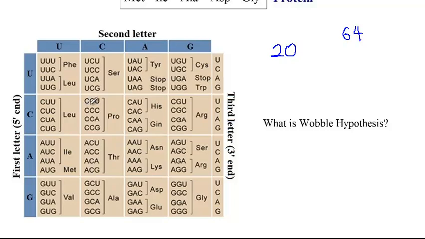Proline is being coded by CCU, CCC, CCA, and CCG. Of course, there are examples where fewer codes are used, like for instance UAU or UAC for tyrosine. So just keep that in mind. We have 64 different codons, but these are only coding for 20 amino acids. That is the reason that some amino acids are coded by multiple codons, while some other ones are coded by as few as only one.